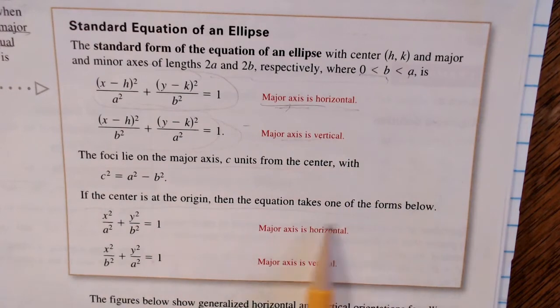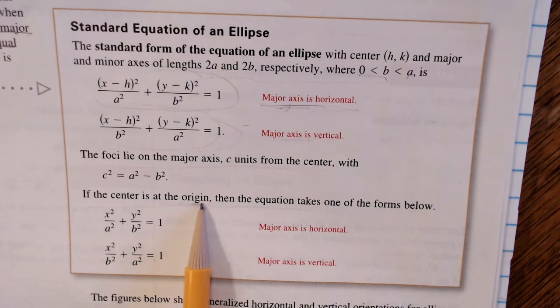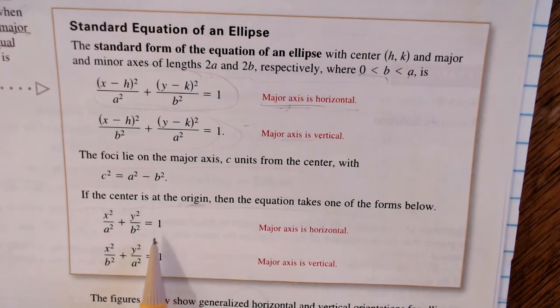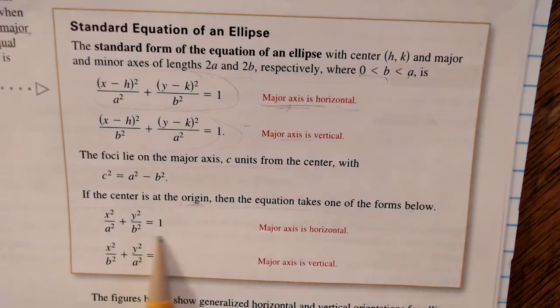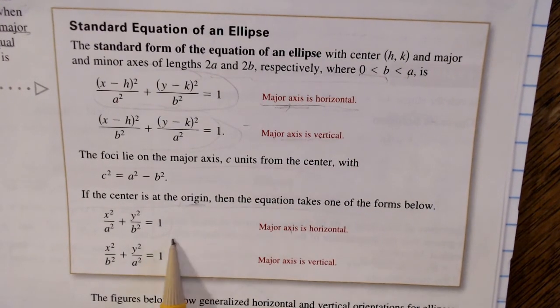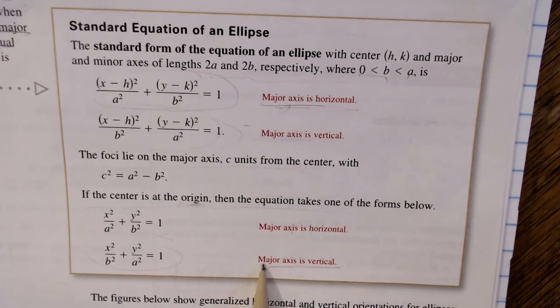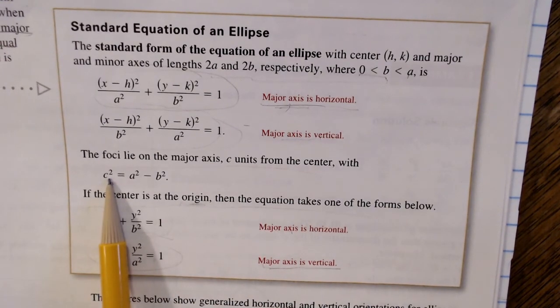Now, if the center is the origin, meaning (0, 0), then this is the formula you're going to use if the major axis is horizontal. And this is the formula you're going to use if the major axis is vertical. And of course, to find C, this is the formula you're going to use.